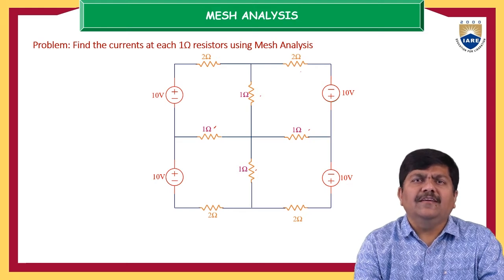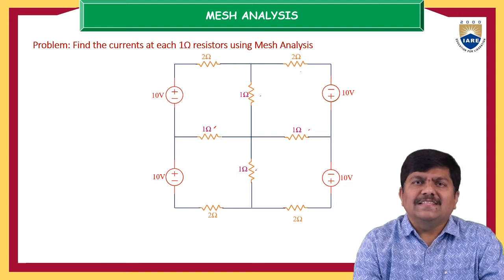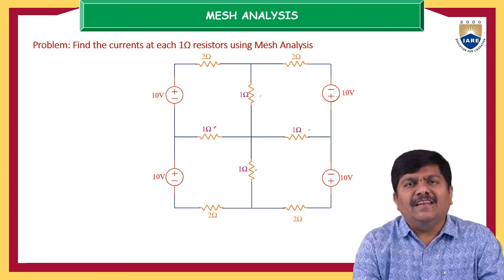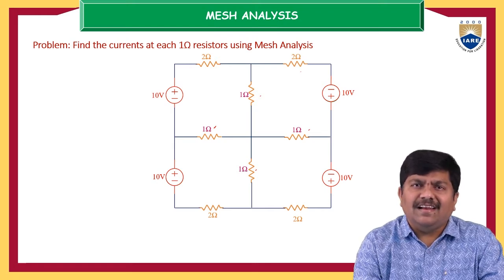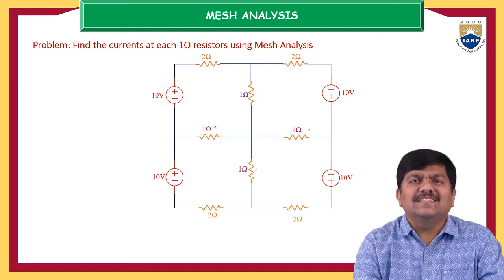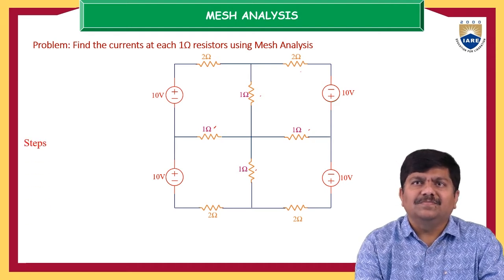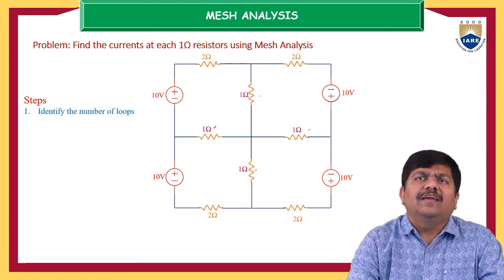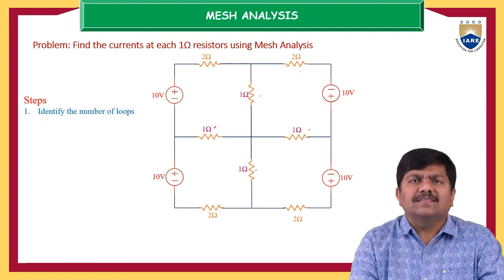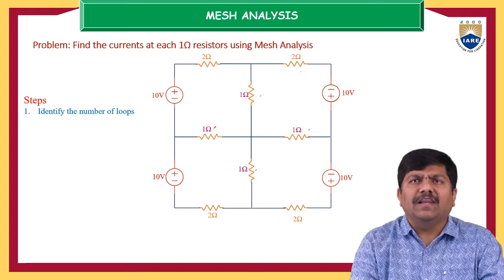We are going to determine the current through the 1 ohm resistance, and we are making an attempt to simplify this electrical network. Again I am going to use Kirchhoff's voltage law, and this law mainly simplifies the mesh analysis. So what are the basic steps we have to follow in mesh analysis to reduce the complexity of the given electrical network?